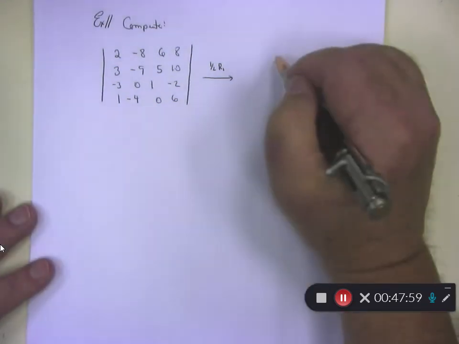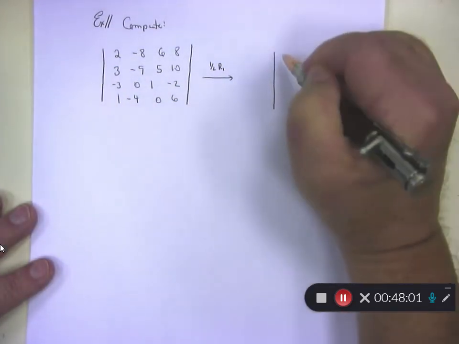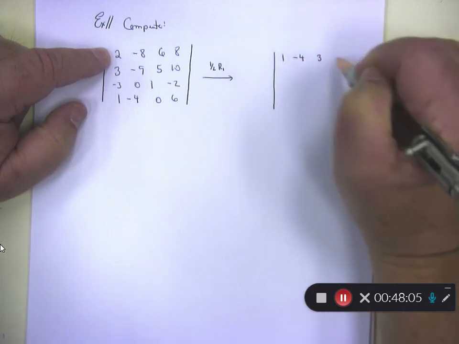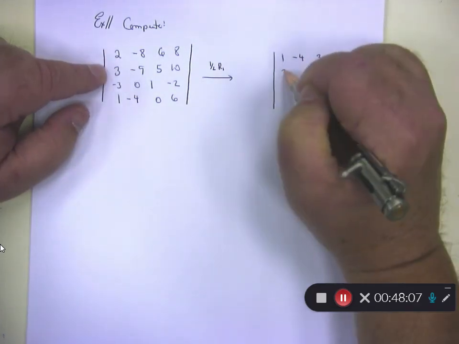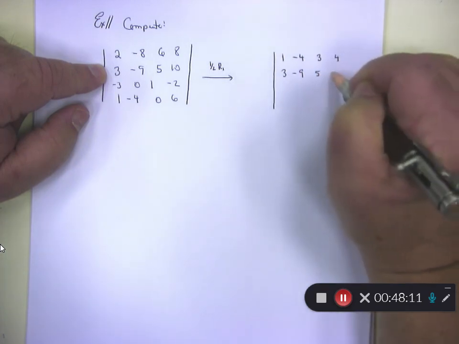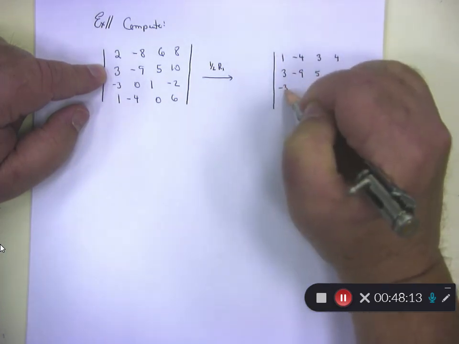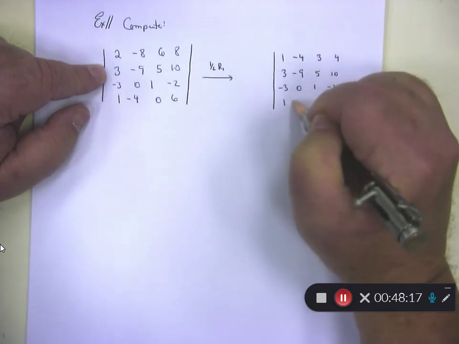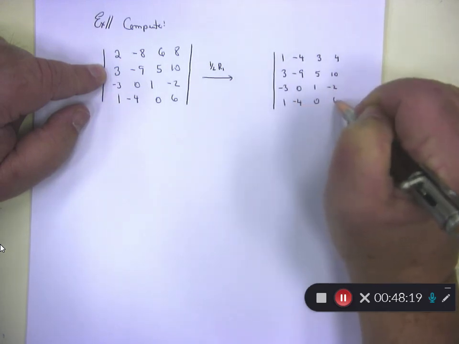And if I do that, what is that going to give me? 1, -4, 3, 4. The rest of the matrix is the same. 3, -9, 5, 10, -3, 0, 1, -2, 1, -4, 0, 6.